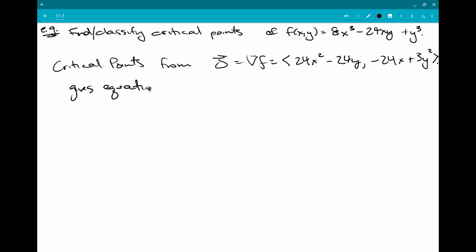This is going to give me the equations 0 equal to 24x squared minus 24y and 0 equal to minus 24x plus 3y squared. And I'm going to start with this equation and then go on to this one.